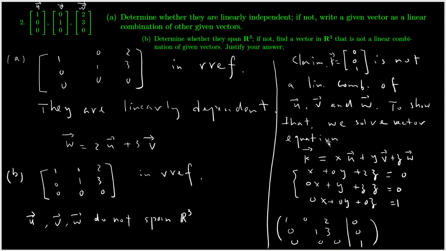Which means this vector equation has no solutions, which means k is not a linear combination of u, v, and w. I will squeeze the last sentence in here. So that's why the vector k is not a linear combination of u, v, and w.